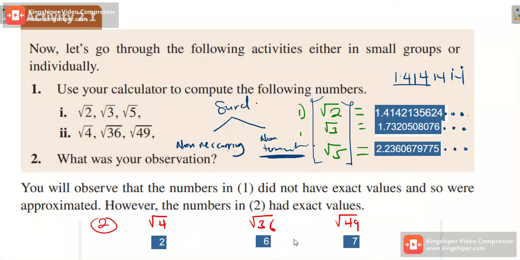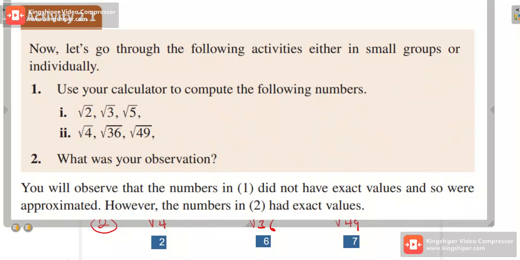So what is your observation? You can see clearly that with these values, the square root is a natural number or an integer. So what is the distinction between these values and this?